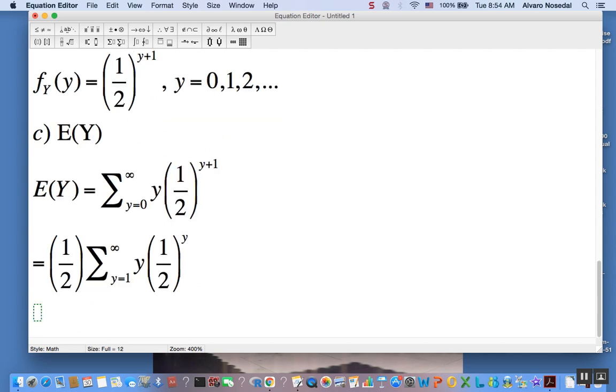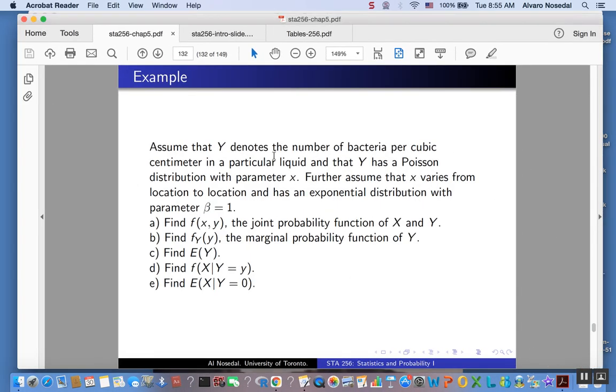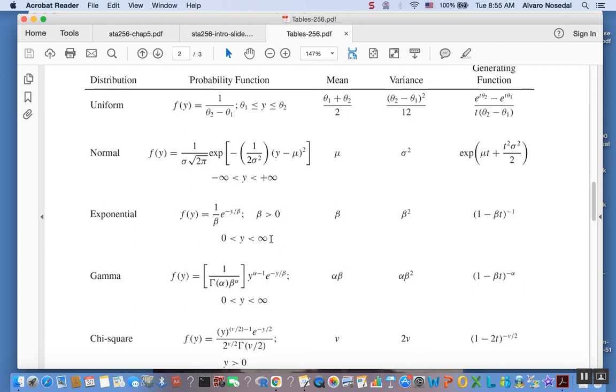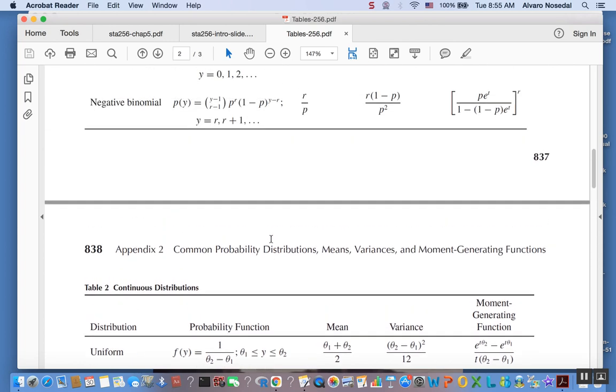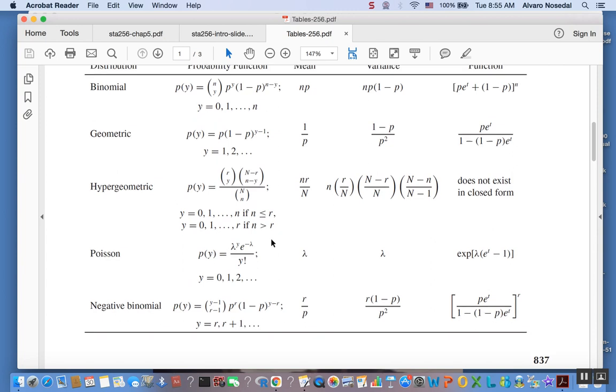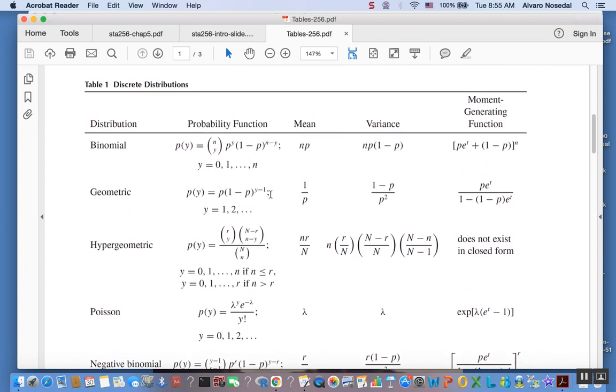And this is one way of doing it, and that's why it's important to bear in mind those expressions for probability mass functions and PDFs. You have seen something like that before. See the expression for the probability mass function of a geometric.